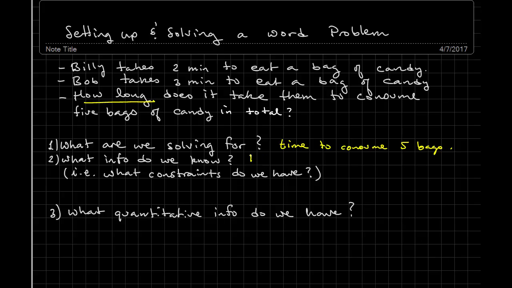We're told how fast Billy eats candy and Bob eats candy. All right, so there's 2 pieces of information. And so this would be like 1, 2. And then the third piece of information is how much candy we want to have consumed total. So how many candy bags to consume.